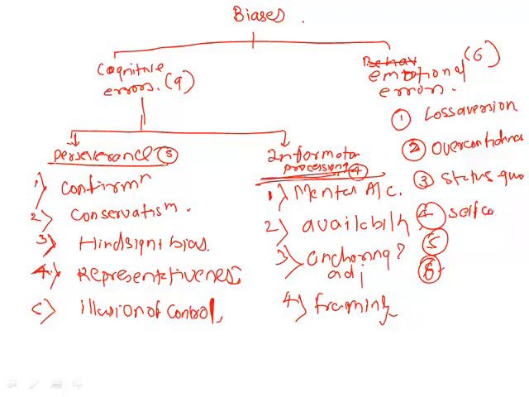The fourth one is self-control. Then endowment, and regret aversion.